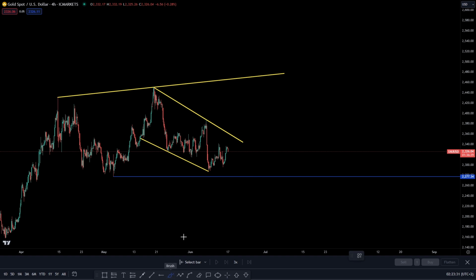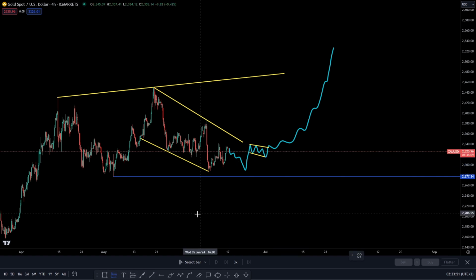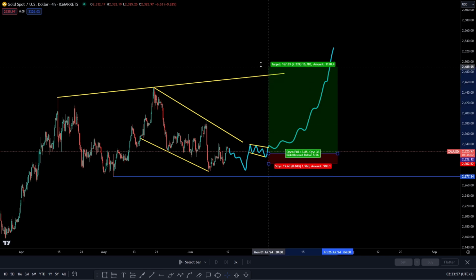How am I going to enter this position? Honestly, I prefer the market to come down, push up, give me that correction, and then start moving up. So I'll be waiting for any sort of correction that fits my plan. I will take it, and then I'll be looking for something like so.